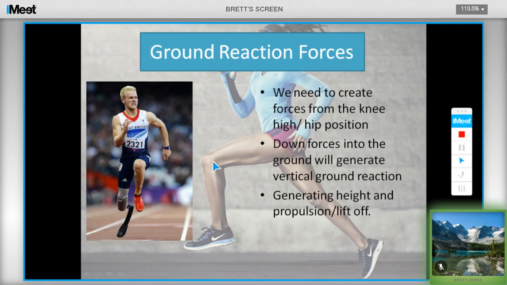And what I find is when we achieve this and we really push down and strike down hard with this front side foot onto the ground, not only do we get good vertical ground reaction forces in a vertical direction, but we also get a beautiful rebound effect of our trail limb. So this lovely concept of action-reaction.